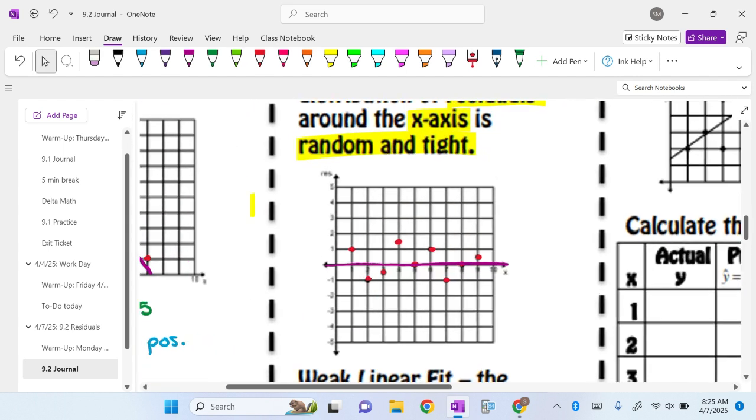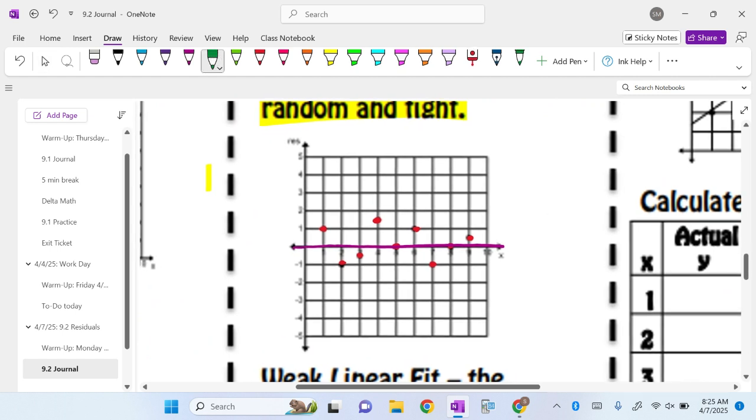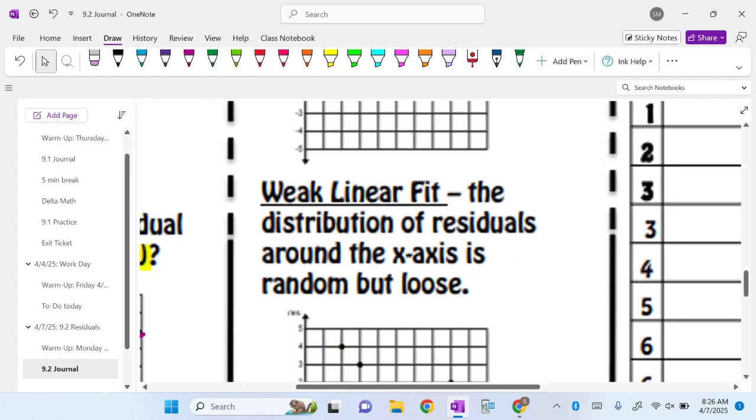This represents a strong fit because you see how tight it is around the x-axis. They're all probably within a unit or two from the x-axis on either side. So it's distributed fairly evenly. There's about 4 up top, 4 on the bottom. It's pretty close to that x-axis, so that gives us a strong fit.